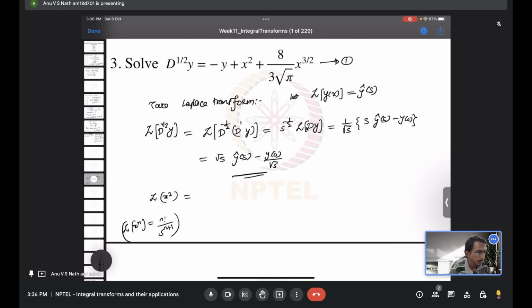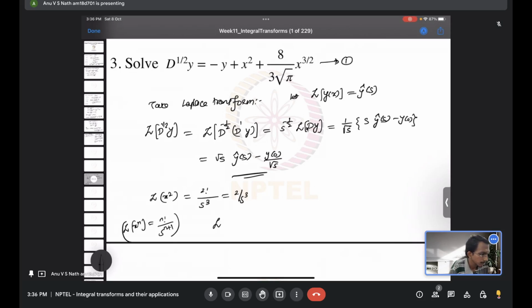Here we have done everything in the time domain, but the equation is in x, so just treat x as t. So t raised to n gives n factorial by s raised to n plus 1. If n is not an integer, then gamma of n plus 1 should replace n factorial. So here we get 2 factorial by s raised to 2 plus 1, which is 2 by s cube.